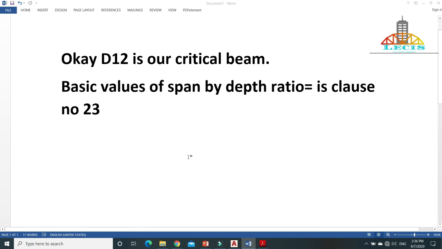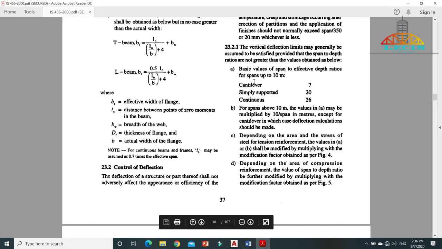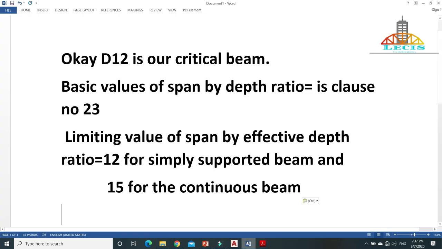We have final values of limiting span to depth ratios for beams through numbers of experiments and experience, and that is, the limiting value of span by effective depth ratio equals 12 for a simply supported beam and 15 for a continuous beam. I just showed you that the basic values were 20 for simply supported and 26 for continuous, but I've already told you these values go through modification as per the conditions B, C, and D. But we also have the final limiting values through numbers of experiments and experience used by designers: 12 for the simply supported beam and 15 for the continuous beam.